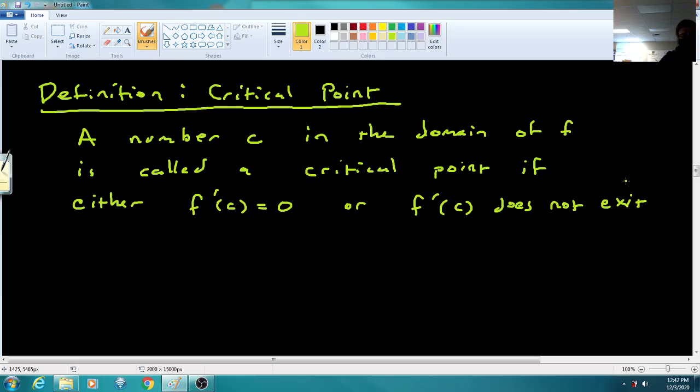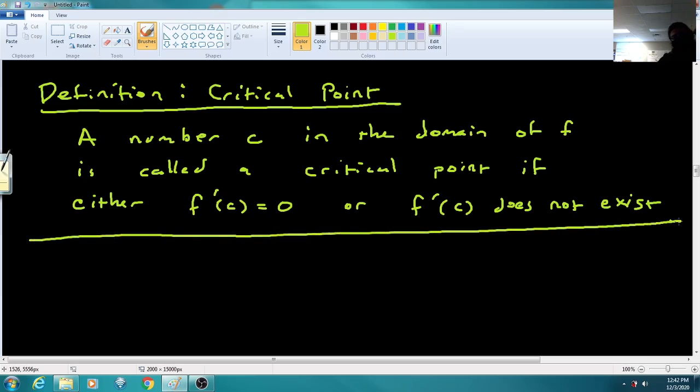So for a critical point, we're basically looking at where the first derivative is 0 or where the first derivative does not exist.